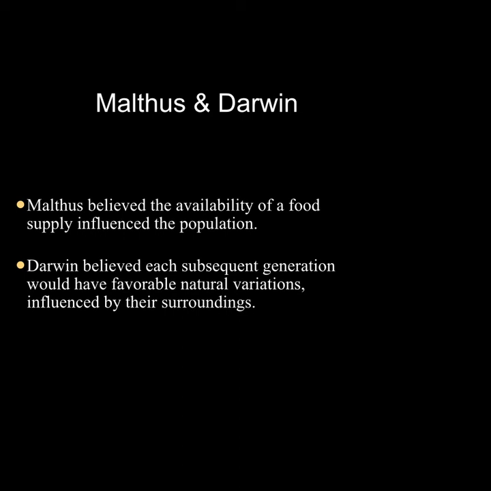And the ones with the more favorable variation would be more successful, little by little, extremely slowly over vast amounts of time. The population of this species would start to change. And if it changed enough, it would technically be a different species because it couldn't interbreed with the original species.